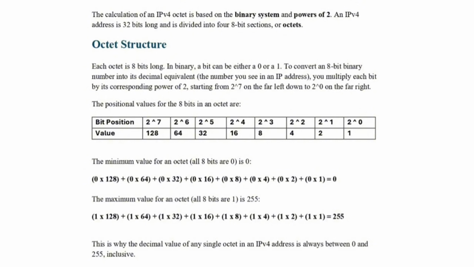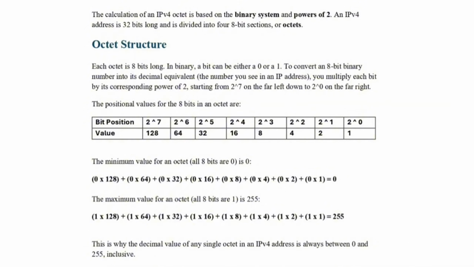You must know the bit positions, from 2 power 7 followed by 2 power 6, 2 power 5, and so on until 2 power 0. Its values are 2 power 7 equals 128, 2 power 6 equals 64, and so on until 2 power 0 equals 1.